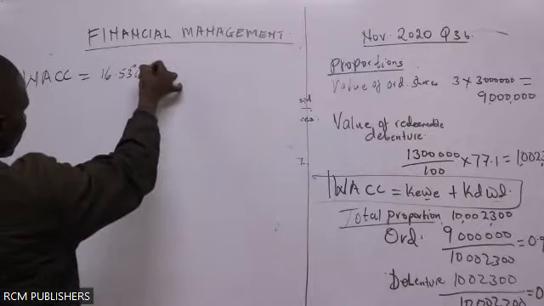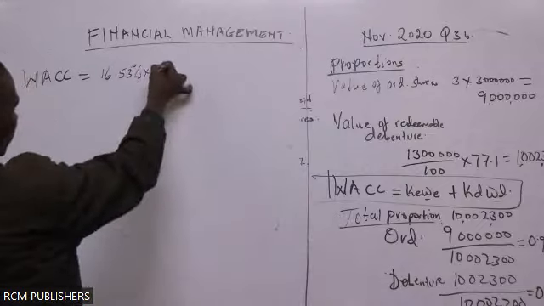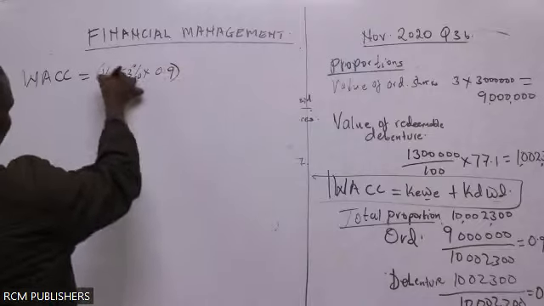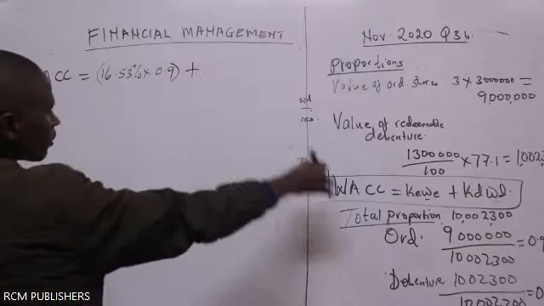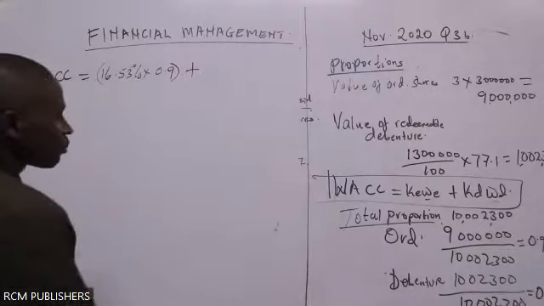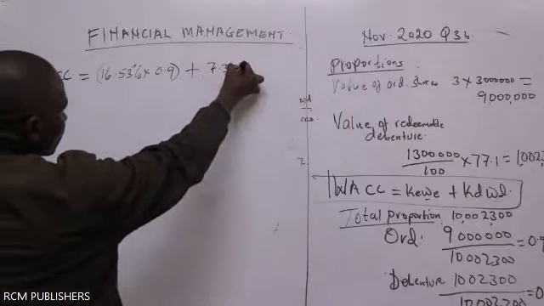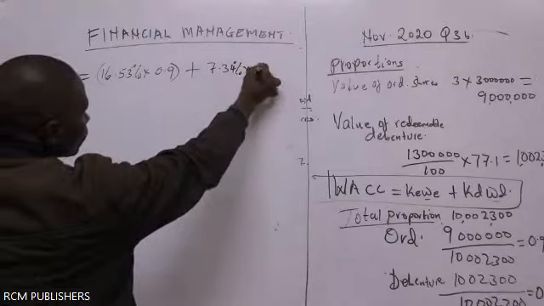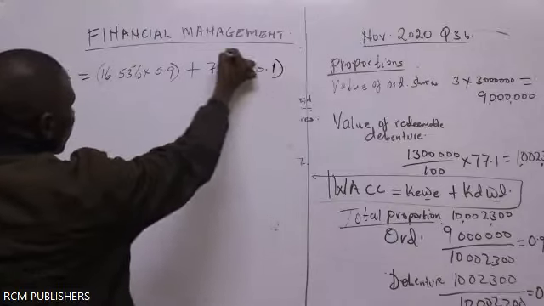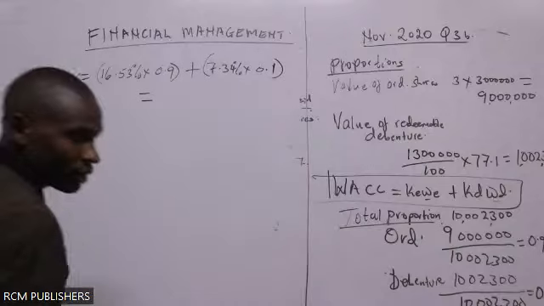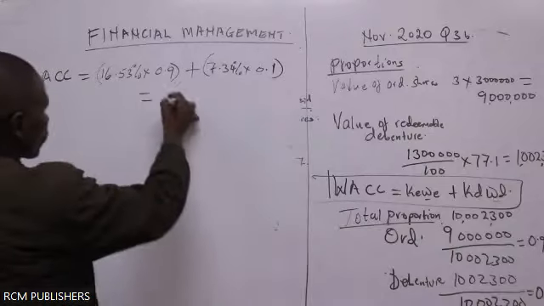Haina shida. I multiply by 0.9. And then I add 7.34%. I multiply by 0.1. Then I add the two, and I'm being given 15.611.